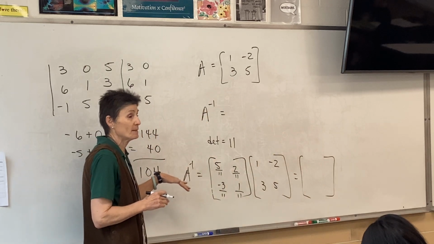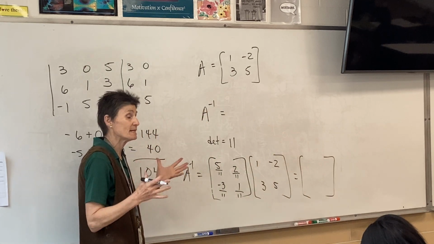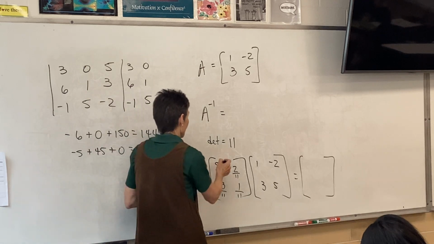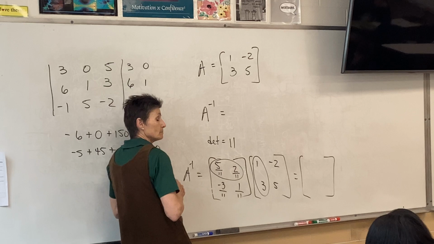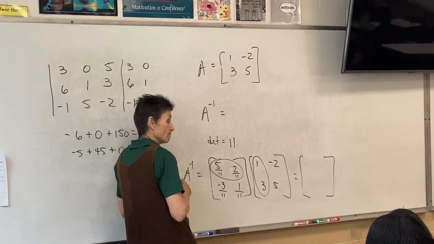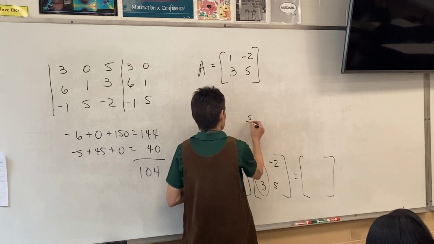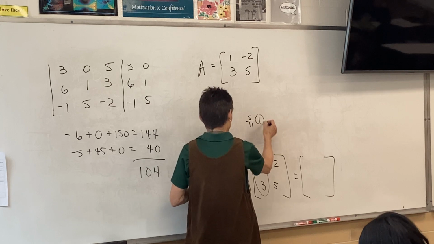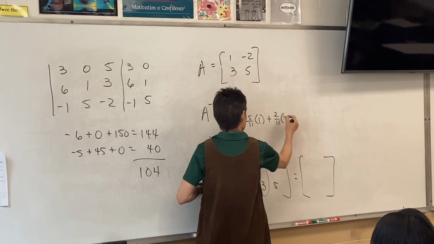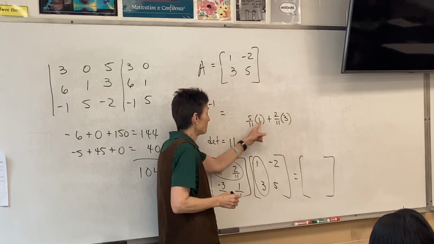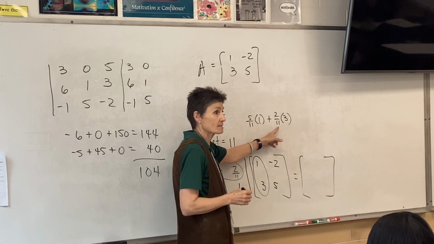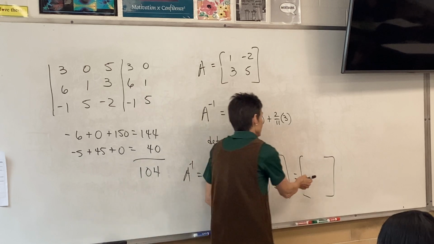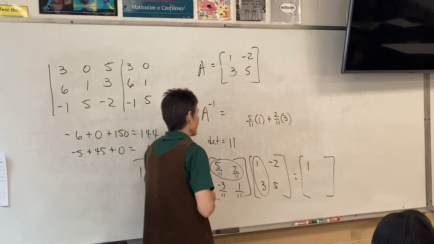You have a common denominator. It's all 11, so it's going to be easy. First row times first column. I'm multiplying. So 5 11ths times 1 plus 2 11ths times 3. What does that end up equaling? 5 plus 6? 1. It's kind of cool.